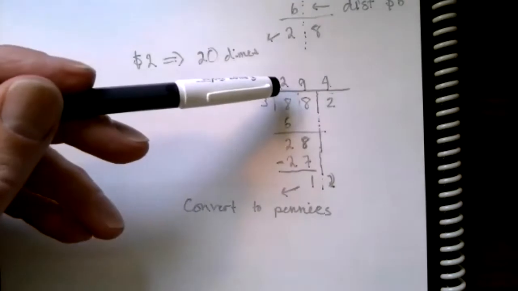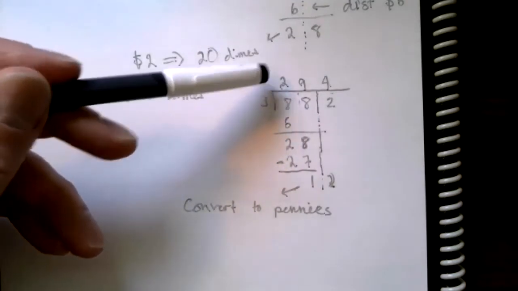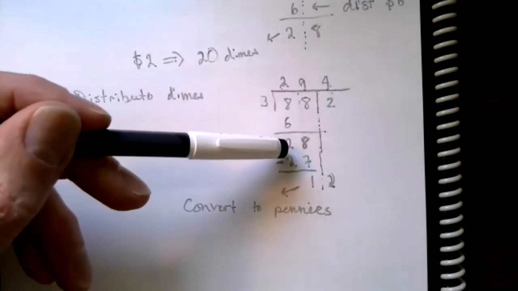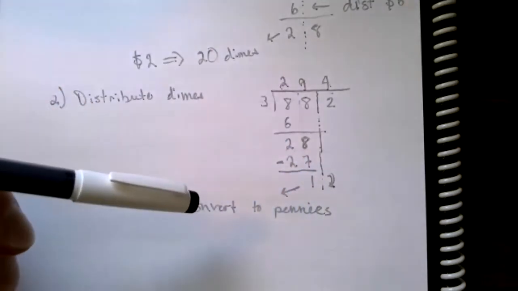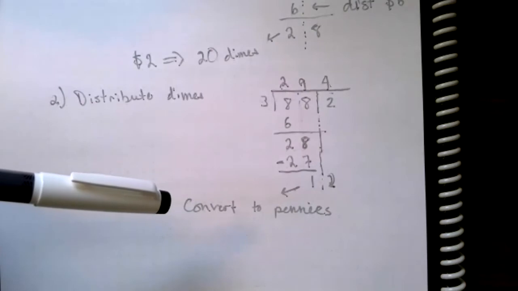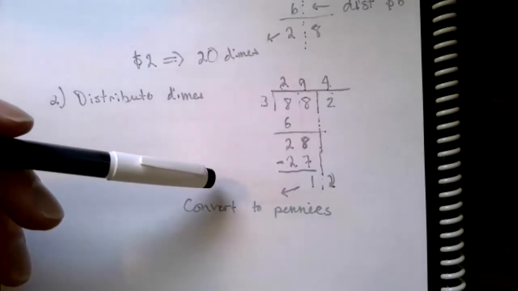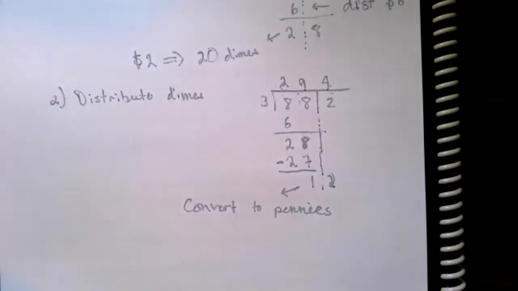So that's essentially what is happening in this long division algorithm. You're making change at every stage. And this is a good example for showing the role of that place value property: the dollars, the dimes, the pennies, the hundreds, the tens, the ones.